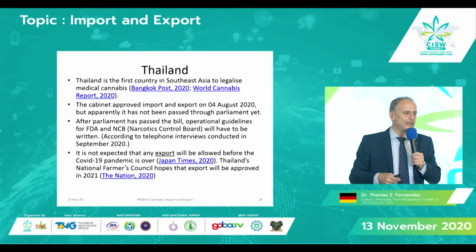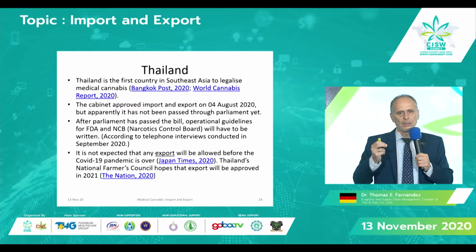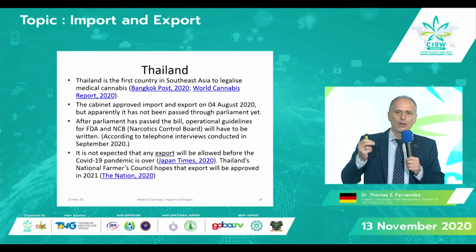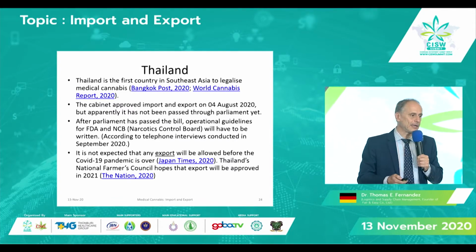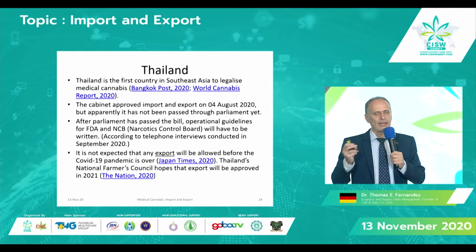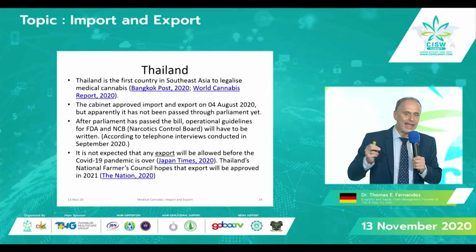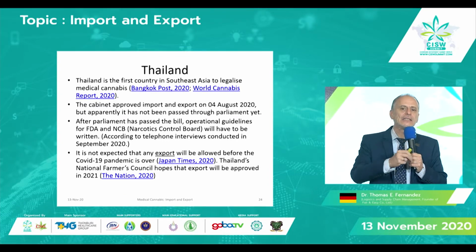We did some interviews here, and we found out that import is allowed only for government agencies for the first 5 years, starting last year actually, and that may change after that, we cannot predict. Export should be allowed, but it is not.